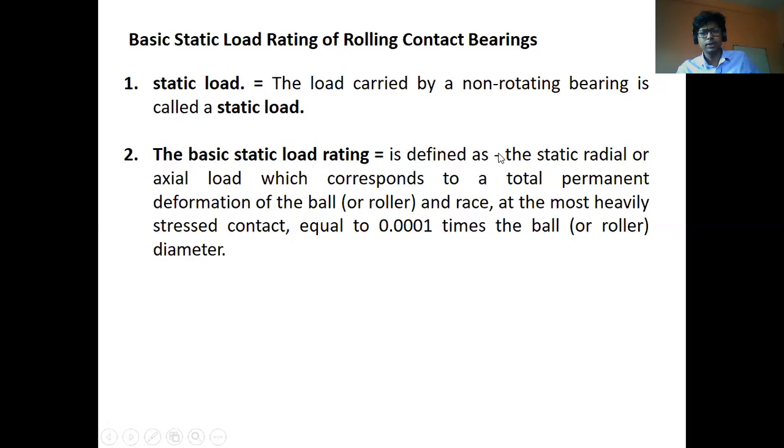It is defined as the static radial or axial load which corresponds to the total permanent deformation of the ball or race at the most heavily stressed contact, equal to 0.0001 times the ball diameter.